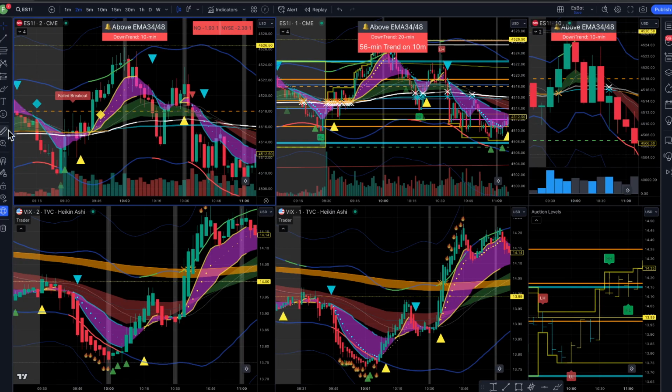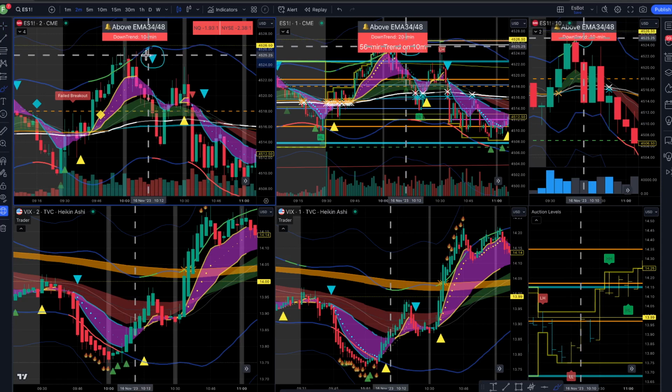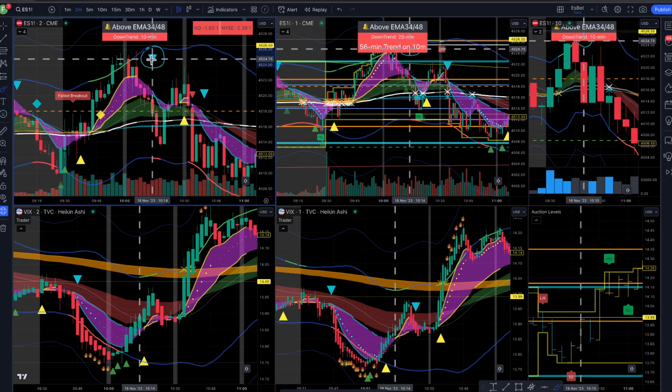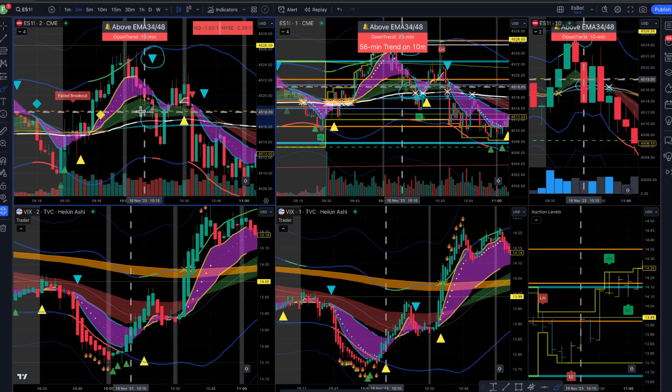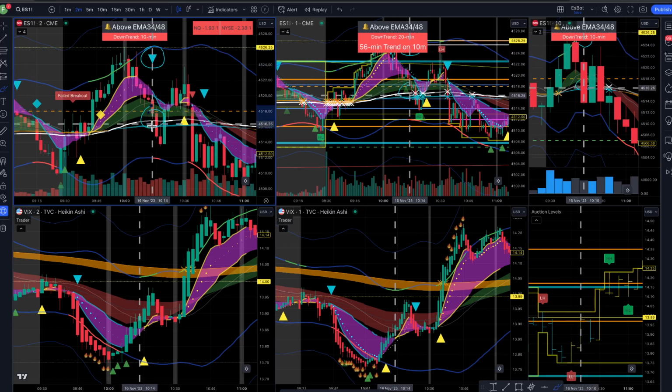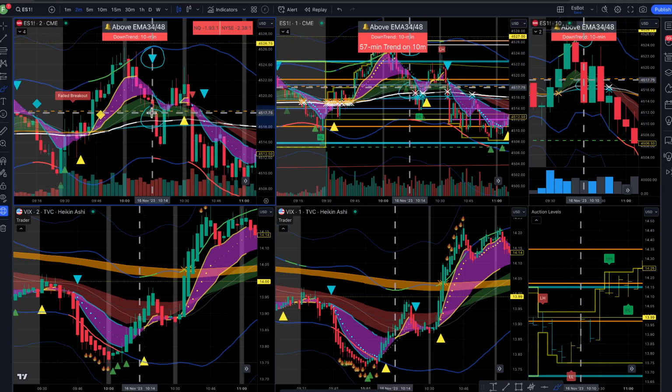Okay, so now we get a blue triangle on ES. And this blue triangle, we're approaching the 48 in the VWAP. So definitely not a good time to get in. Can you guys see that? So blue triangle.